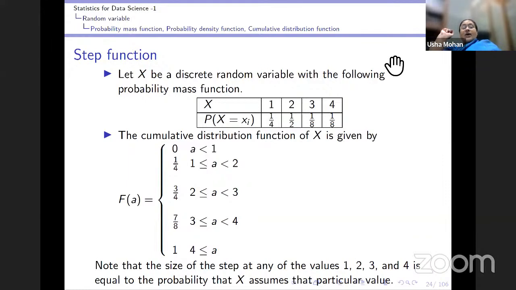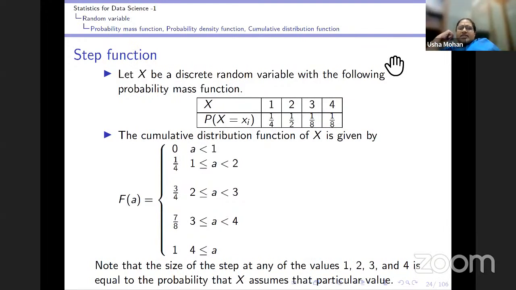Now the next thing is, suppose X is the number of jobs a person has got in a class, for example 1 job, 2 jobs, or 3 jobs.